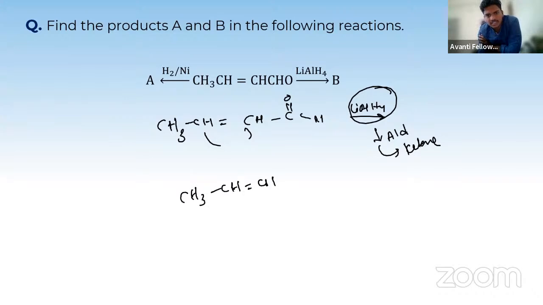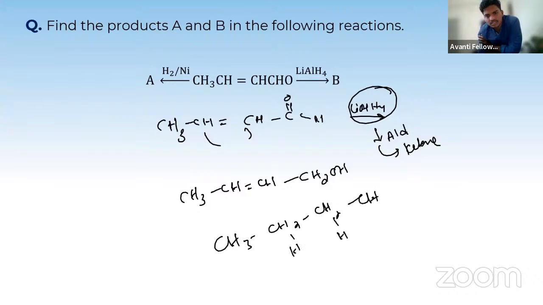CH3, CH double bond CH, CH2OH. But whereas H2 in the presence of nickel or platinum or palladium, they can also reduce that one. CH3, CH2, CH2, CH2OH. Okay, so this is very, very most important.